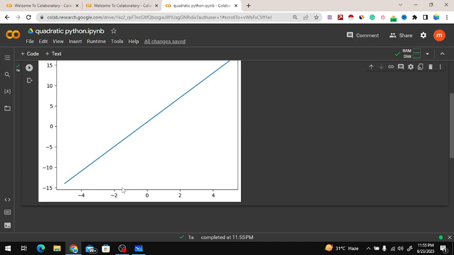So it's a good way we can plot on the x-axis and y-axis, like a y-axis from here. Okay, so I think it's clear.